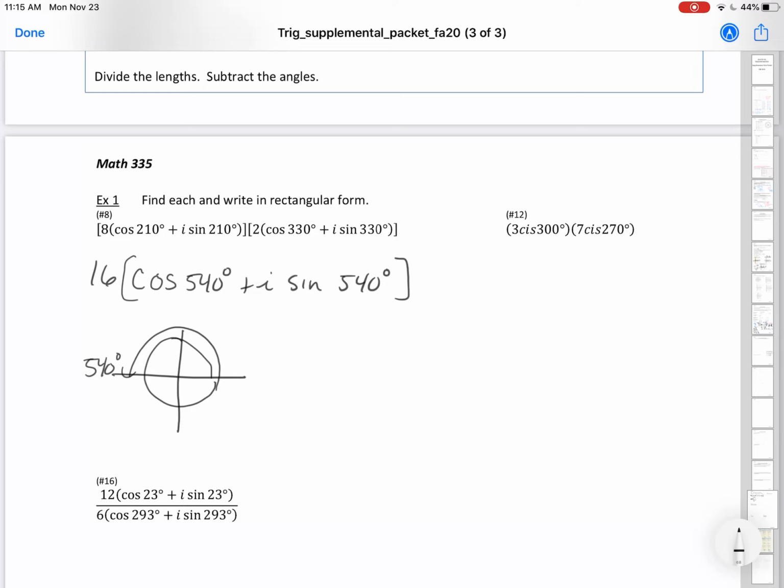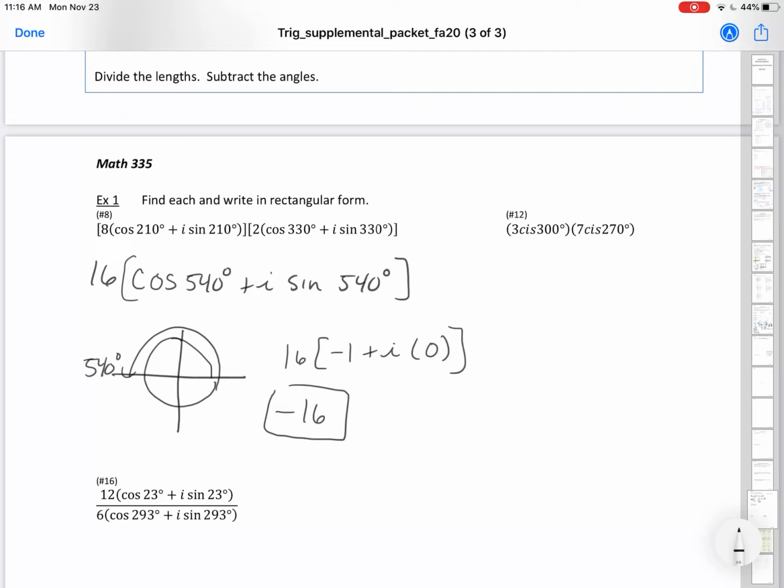And I think we do. 16 times cosine of 180 degrees is -1 by memorization, plus i sine of 180 degrees is absolutely 0. And so what do we get out of this? A real number, -16. So these two imaginary numbers multiplied together gave us a real number of -16.